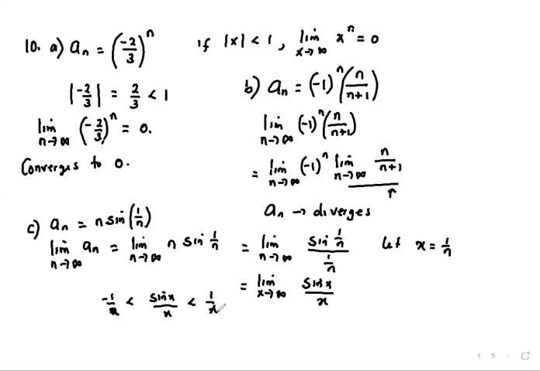Because the numerator is bounded by -1 and 1, the denominator stays as x. Now, as x goes to infinity, this guy converges to 0, and this guy converges to 0. By the squeeze theorem, this limit becomes 0, because both sides converge to 0. And so we say this converges to 0.